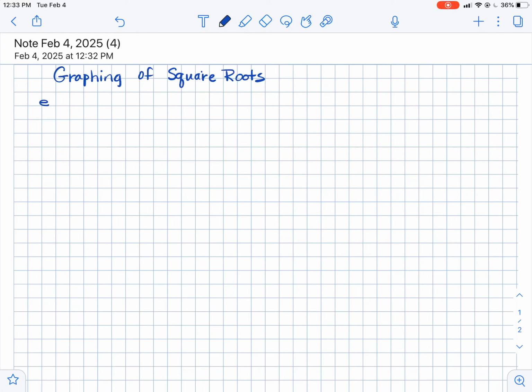An example, of course, would be the very simplest, f of x equals the square root of x. We are going to take a quick look at what it looks like to do a square root. I'm going to do this one just by a t-table, just to show you how it works.